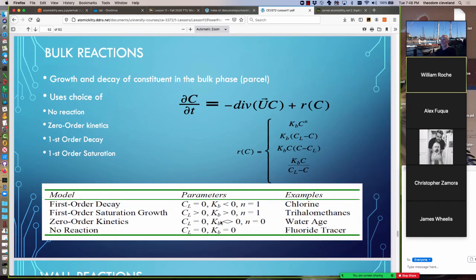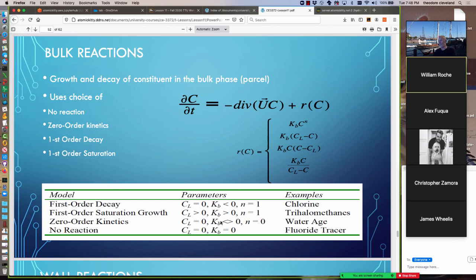So the bulk reactions, there are 4 different reaction models that are provided for. One is first order decay. Second one is first order saturation growth. The third is zero order kinetics. The fourth is no reaction. No reaction is literally a tracer simulation.